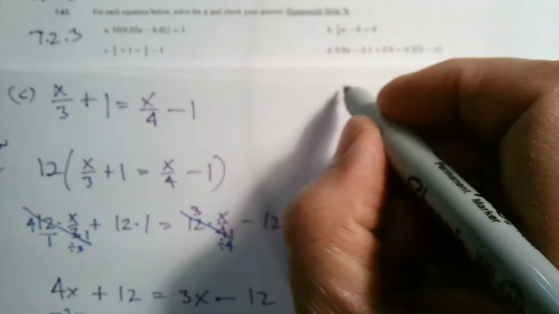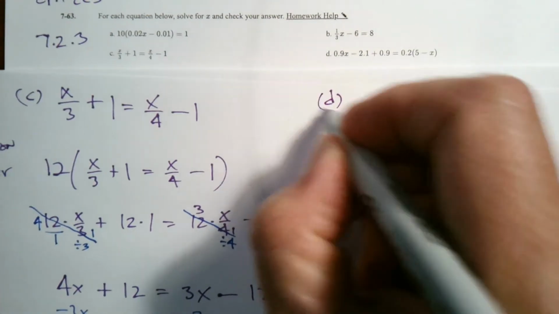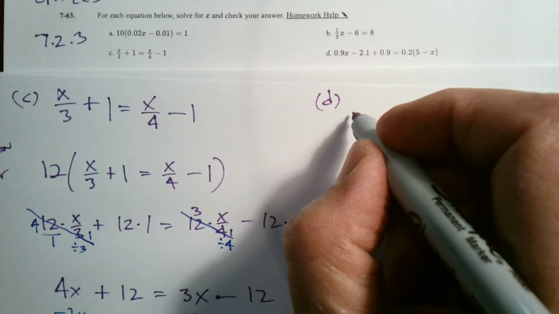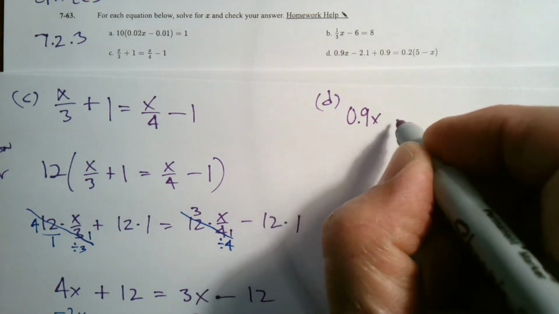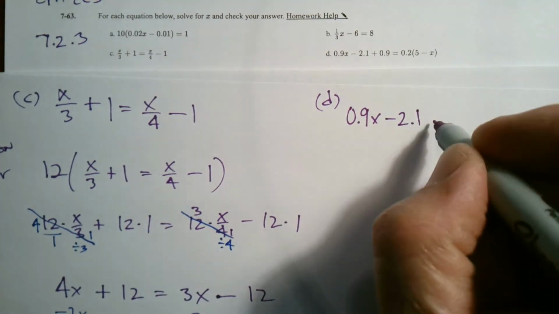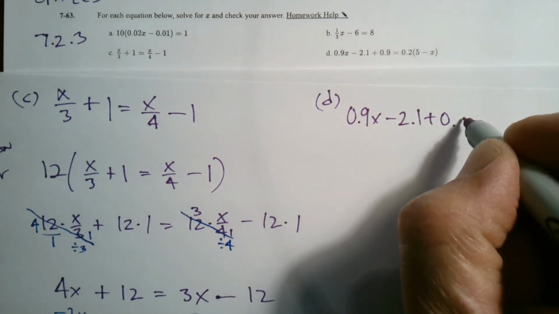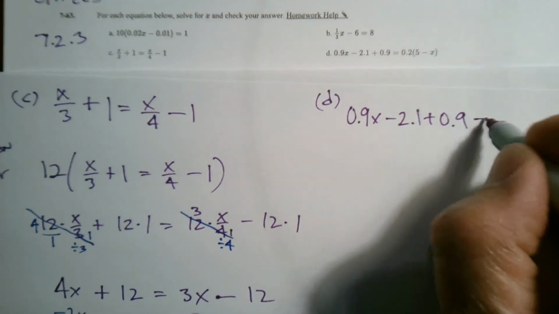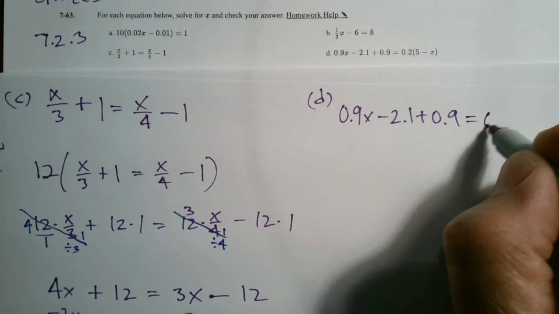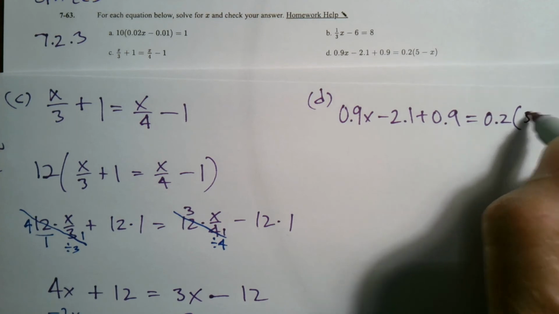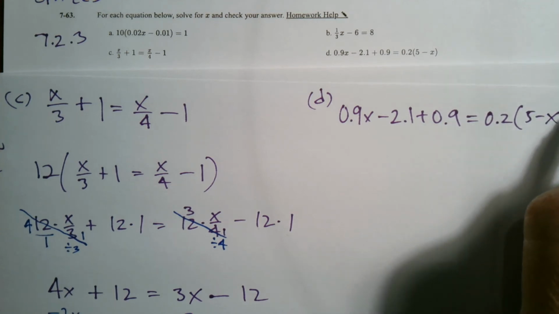All right, last one, D. D's a little longer here. We've got 9/10 x minus 2 1/10 plus 9/10 equals 2/10 times the quantity 5 minus x.